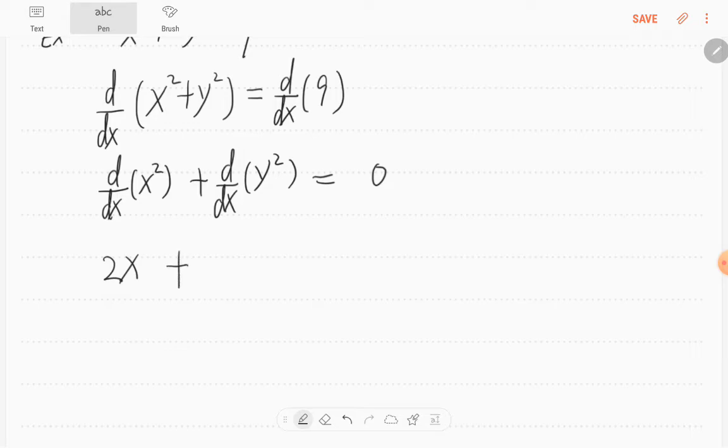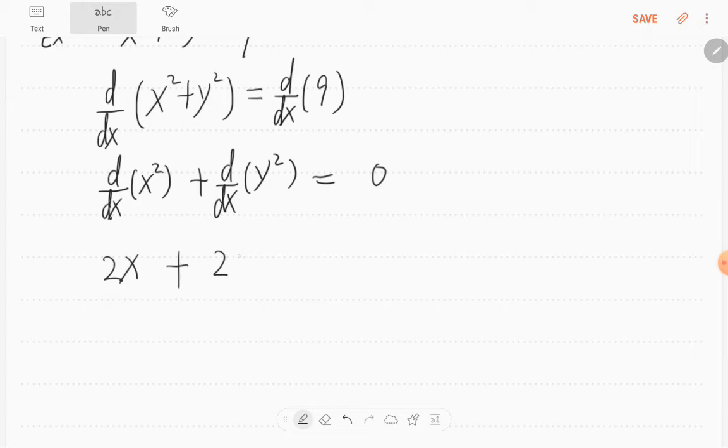Plus this term y squared, which is the composite function again. This is the square function composed with the y of x. Okay, so we can use the power rule. We bring down 2, right, and subtract 1, so you have power 1.